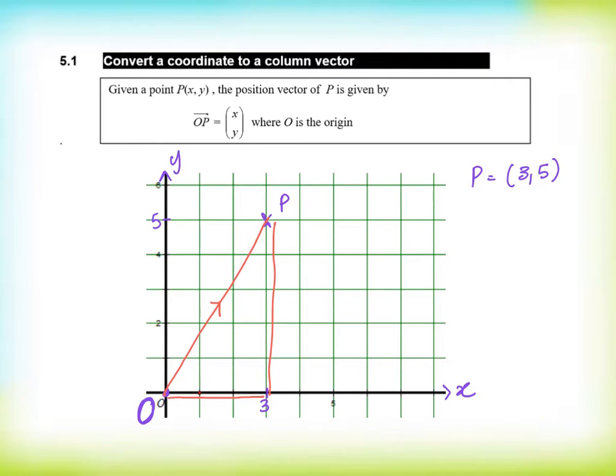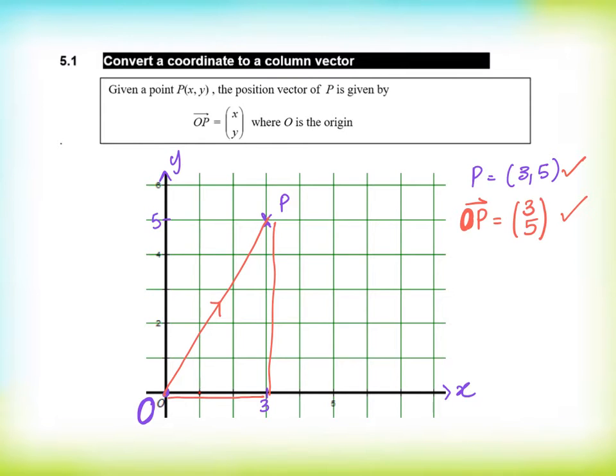So when we have a coordinate, the first information to write down is the position vector OP, traveling from the origin. I will move 3 units on the x and 5 units on the y. So when we are given a coordinate, we must be able to write down the position vector immediately. So let us check with a few more types of questions.